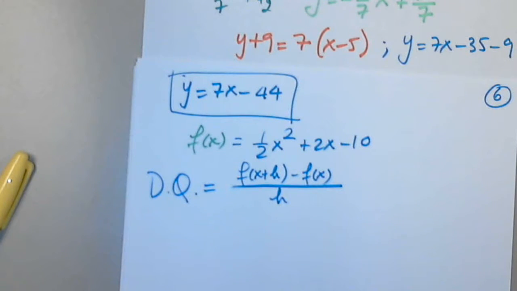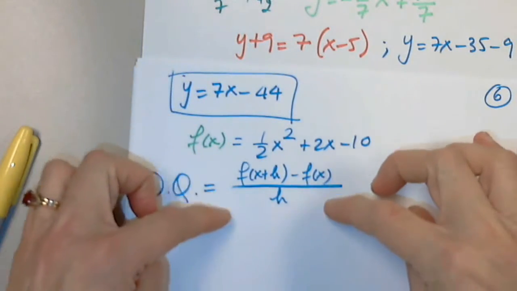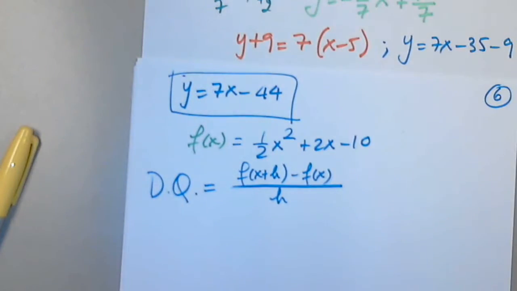Now, if you remember from last time, what did we say we have and what we don't have? Look at the difference quotient. If you look at this expression, how many pieces do you see at the top? Two. You see f of x plus h and you see f of x.